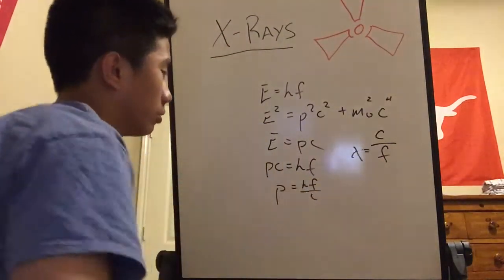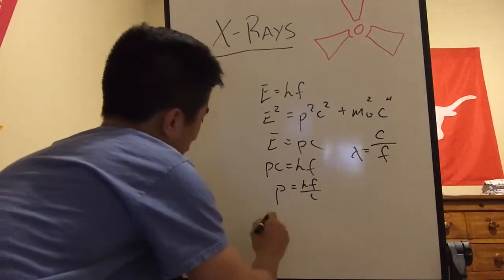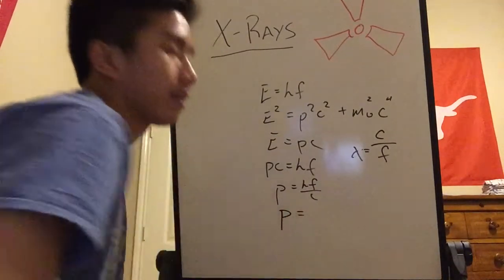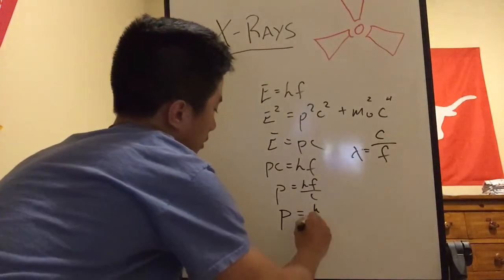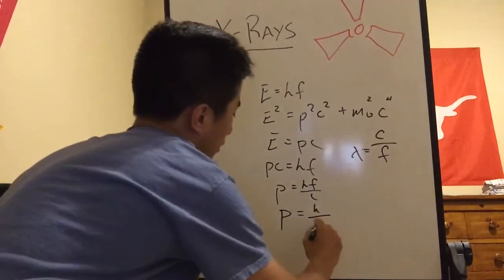You plug that into the equation, and you get momentum is equal to Planck's constant divided by lambda.